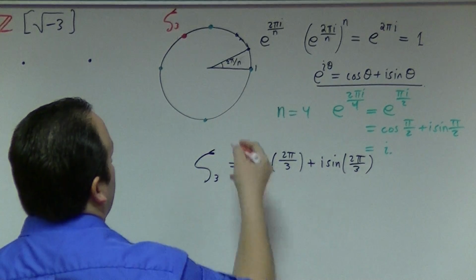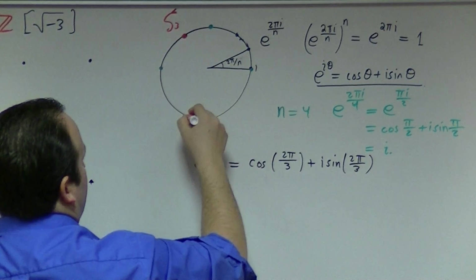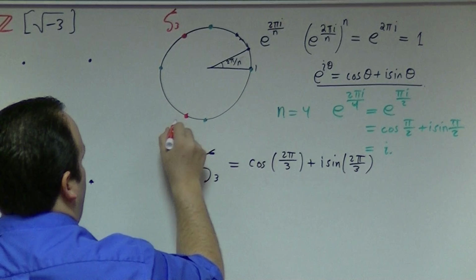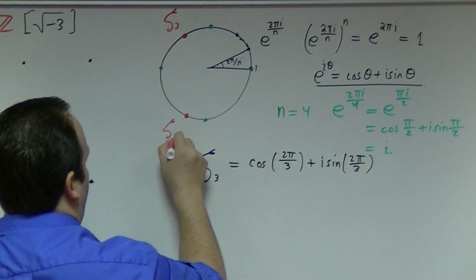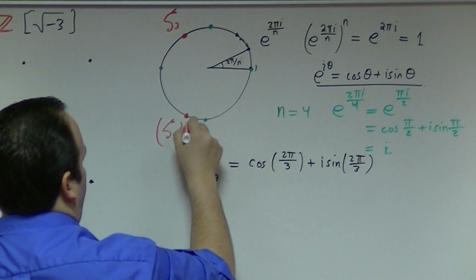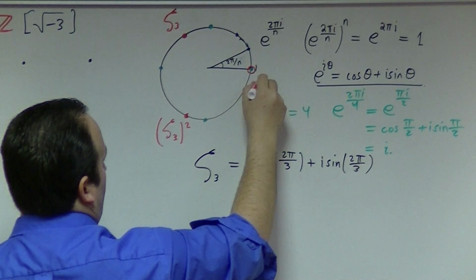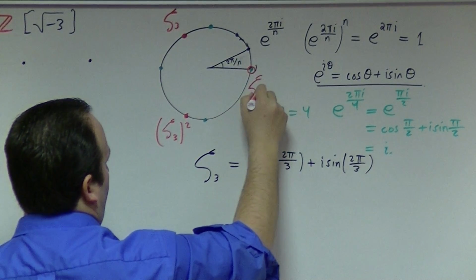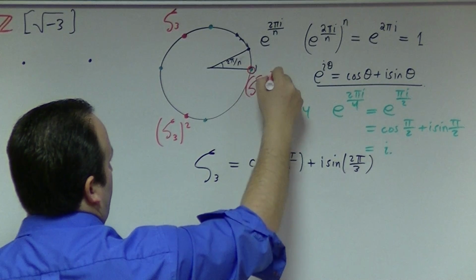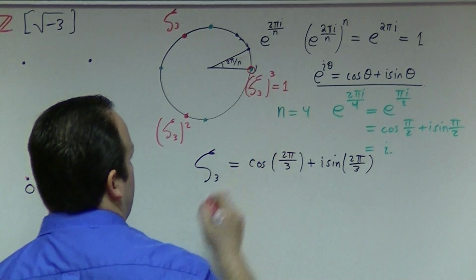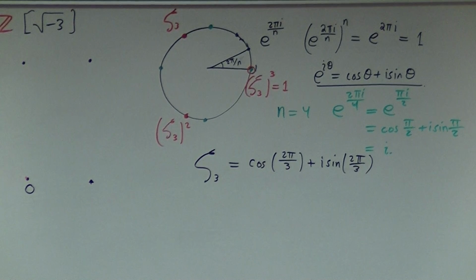The square of that is over here, and the cube of it is back to 1 again, because it's a third root of unity. When you cube it, you get back to unity, which is 1.